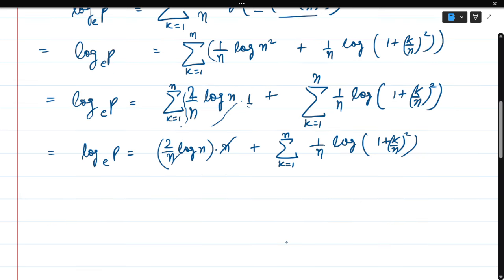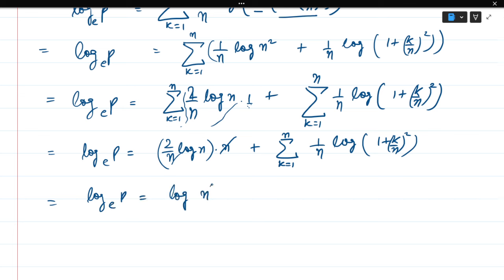So therefore our log P to the base e is coming out to be, as this 2 can be taken in the power, log n square plus summation k equal to 1 to n of 1 by n log 1 plus k by n whole square.